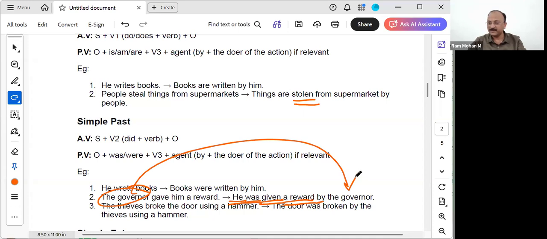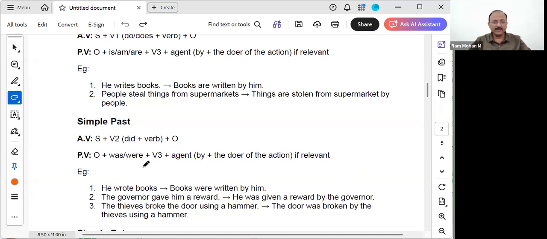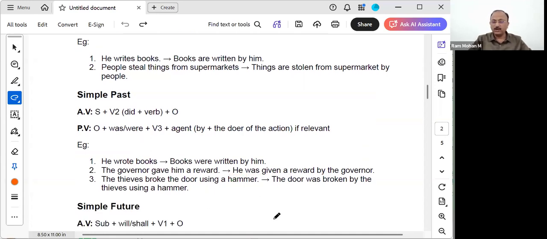He was given a reward by the governor. The subject has come as the object, by the governor. Simple, easy actually, correct? If you follow the general structure, it will become very easy. Let's take this one. The thieves broke the door using a hammer. So, the thieves is the subject, broke is the verb, means they broke the door. The door is the object, correct? The door will become the subject.